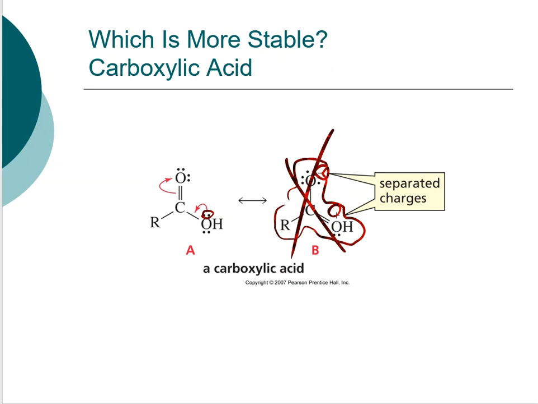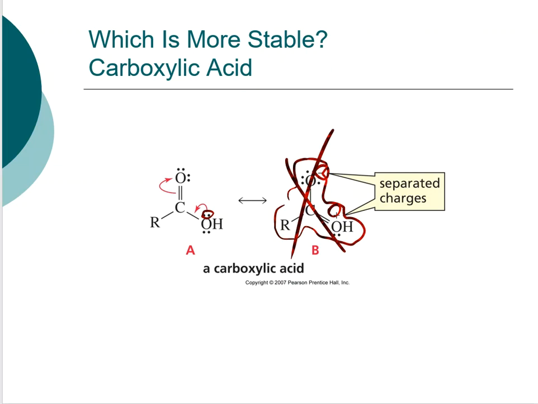So if I had to choose between 2 different versions, and one of them I see full-blown positives and negatives, and the other one I don't really see full-blown positives and negatives, do I? It looked like a normal structure to me. That is a very good sign that the one over on the right-hand side does form. It forms temporarily, but then the molecule will rearrange itself back to give me what I started with.